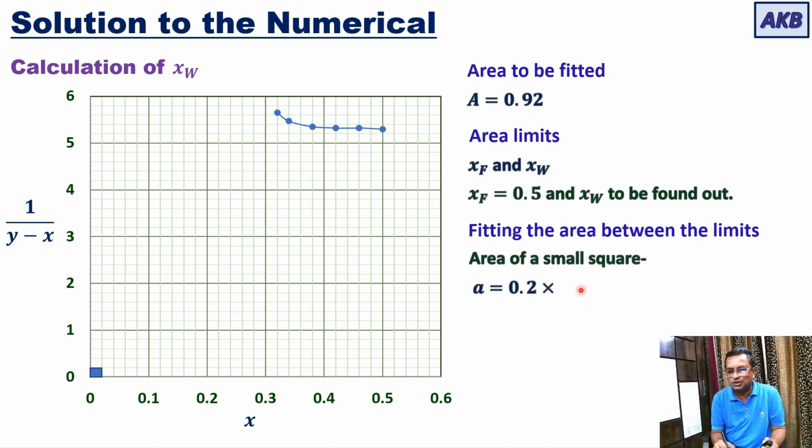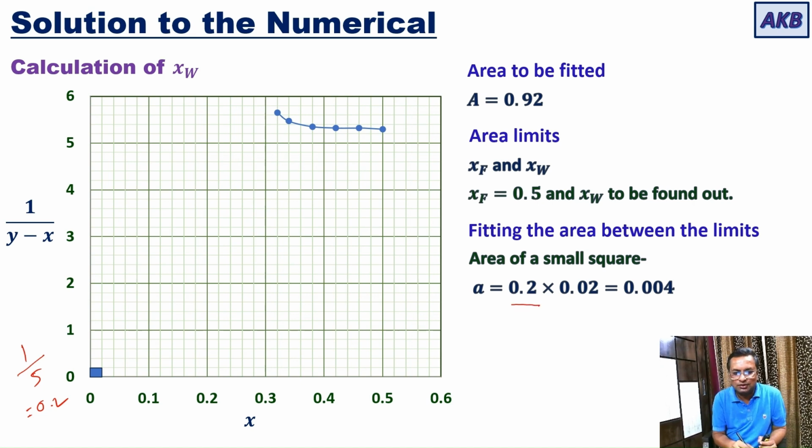On y-axis, the length of the square is 0.2 because it is 1 divided by 5. So that you can check, this 1 centimeter is equal to 1 and there are 5 small divisions. So value of one small division will be 1 upon 5 and that is 0.2. So that's why one dimension for calculating the area is 0.2.